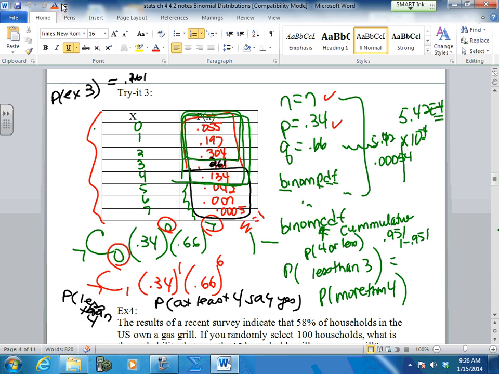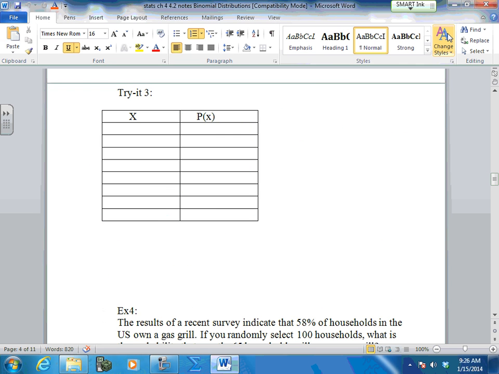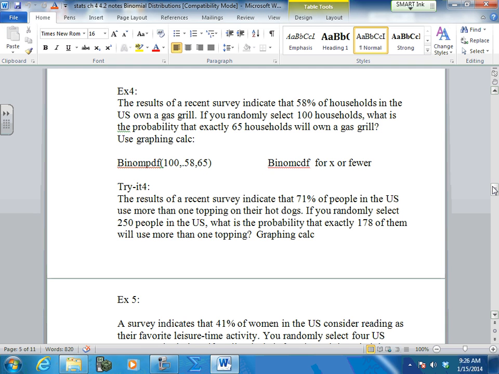Now, here's a good example of what I was just talking about. The results of a recent survey indicate that 58%, there's my P, of all households own a gas grill. I surveyed a bunch of people and 58% said they own the gas grill.